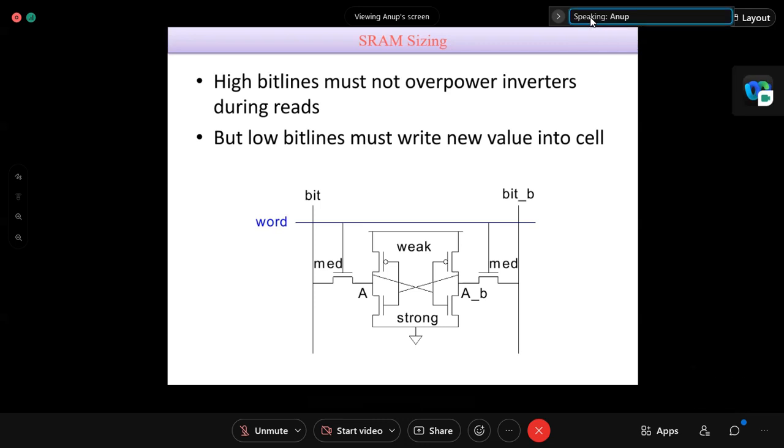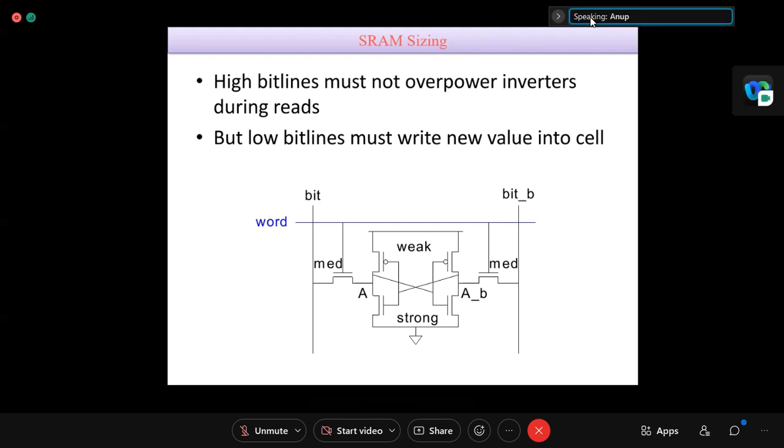So why do we consider static CMOS? Why is it very popular? Normally whenever PMOSs are on, NMOSs are not on, and whenever NMOS is on, PMOSs are not on, at least input wise. But for a very small period of time, both NMOS and PMOS are on. That will create a problem.